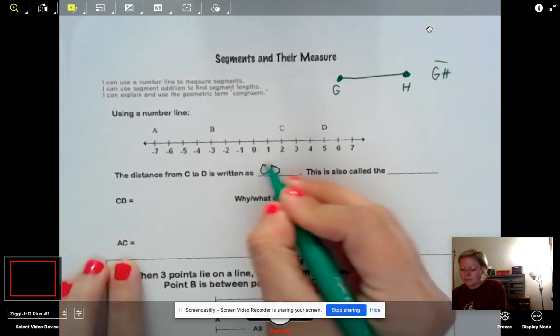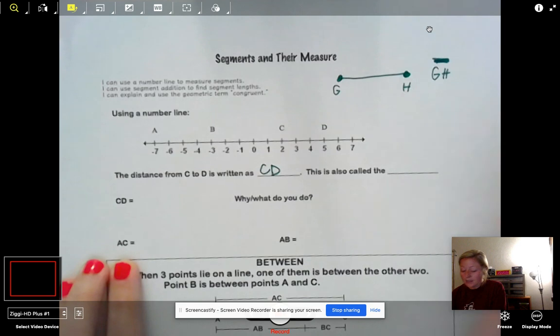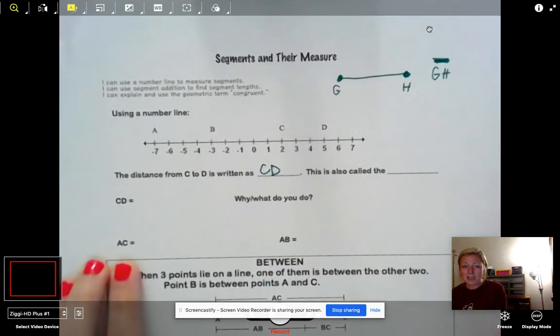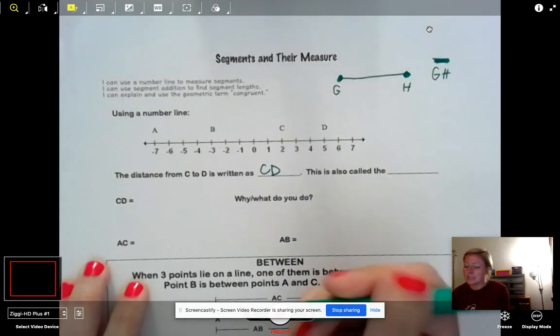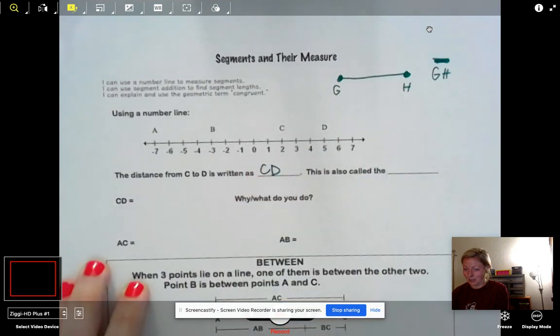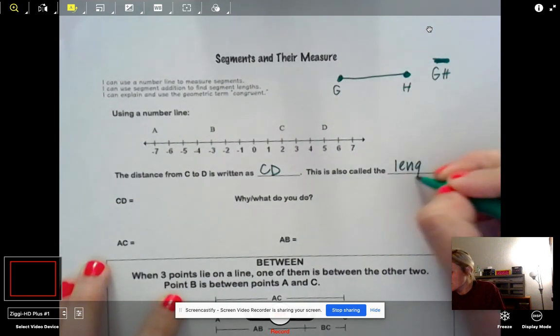This time we don't have that segment bar on top like we did up here when we talk about the measure. I know that's kind of goofy. It's just one of those mathematical notation things that we just need to accept. It's kind of like you always capitalize the first letter of a sentence. When we talk about the measure of a segment, we don't have the bar on top, okay? This is also called the length, how long it is.